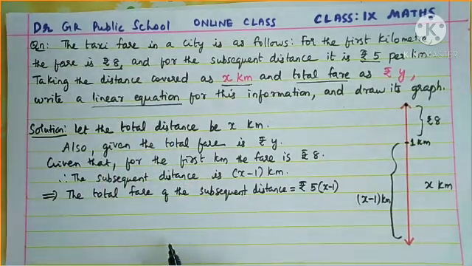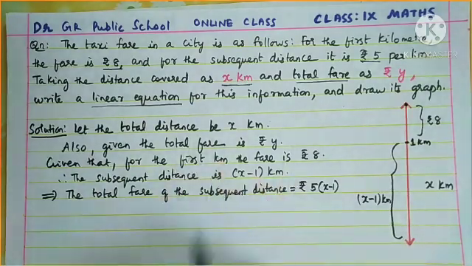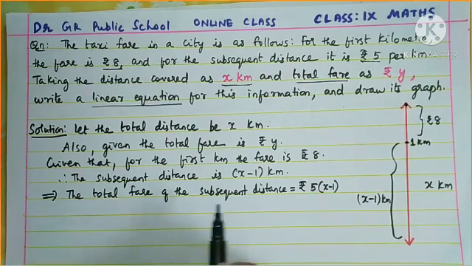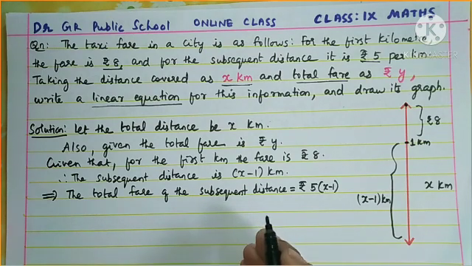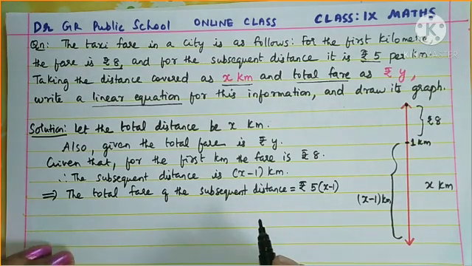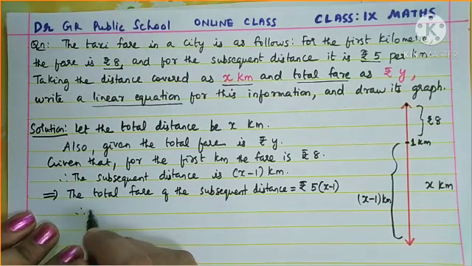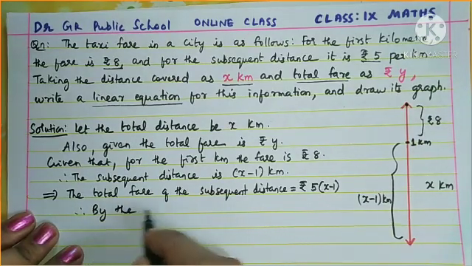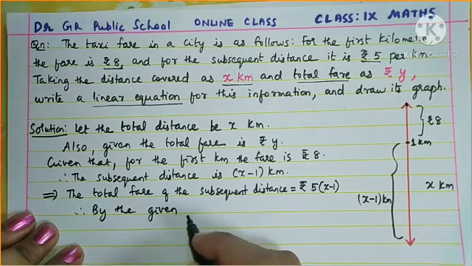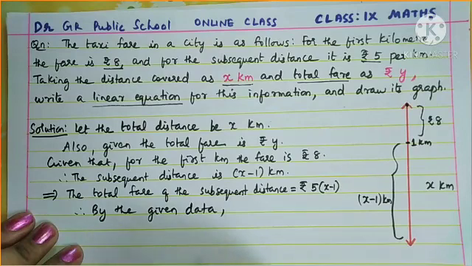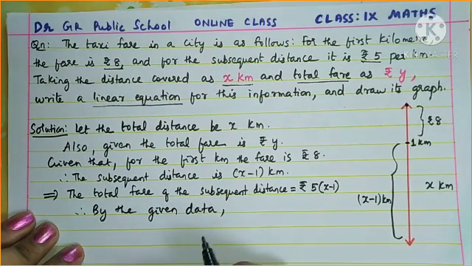So how to form the linear equation for this given data? Yes, we already studied in linear equations how to form the equation by reading a statement. And here we are going to write the equation like this. By the given data, that is from the question, how do we pay the total fare, children?